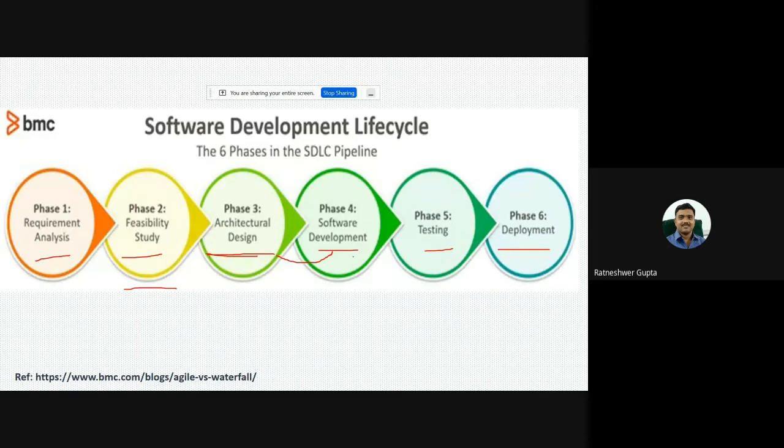Once the development phase is over, we go for the software testing phase. When we go for software testing, we test the functionality of the software and the overall testing of that software. If there is anything that is not appropriate, the request again comes from the testing phase to the requirement analysis phase.